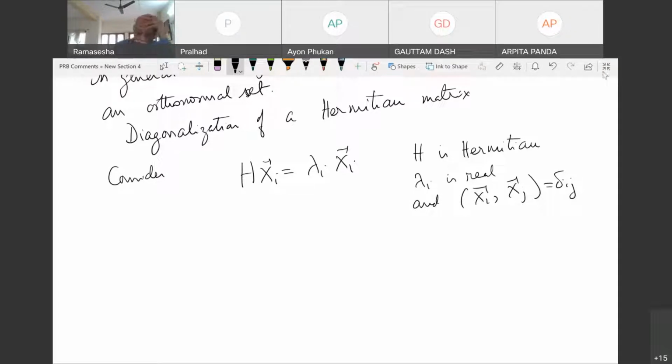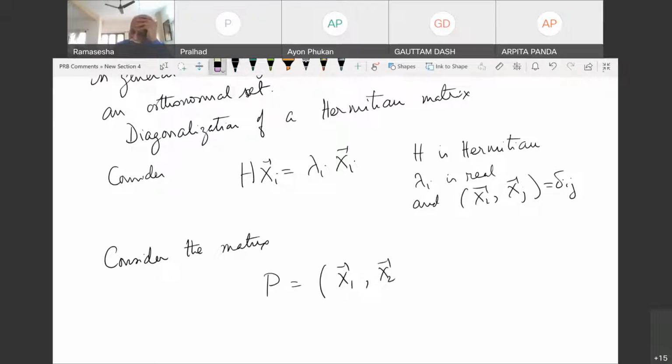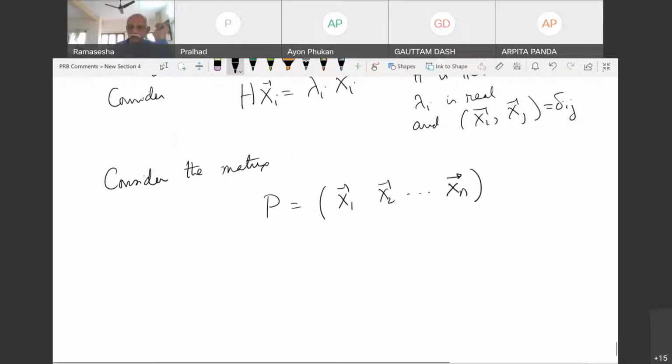Okay. So now consider the following matrix. Consider the matrix P, which is given by columns of the eigenvectors x1, x2, and so on. Sorry, there is no comma here. So I'm writing down the columns of the matrix P, and all these columns are just the vectors x1, x2, xn.